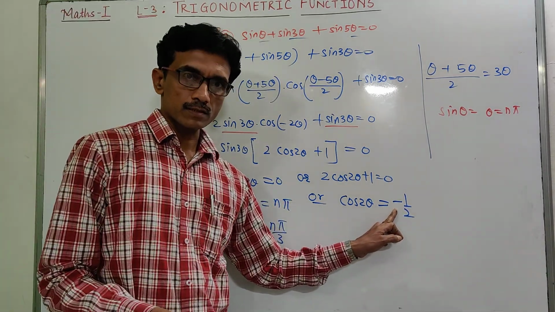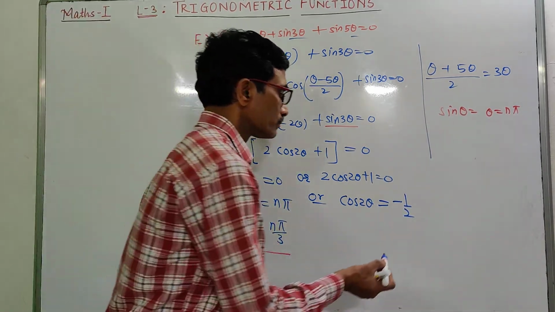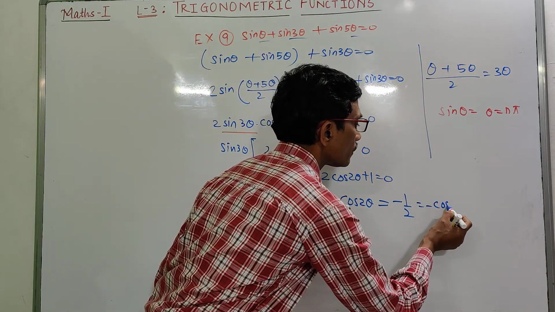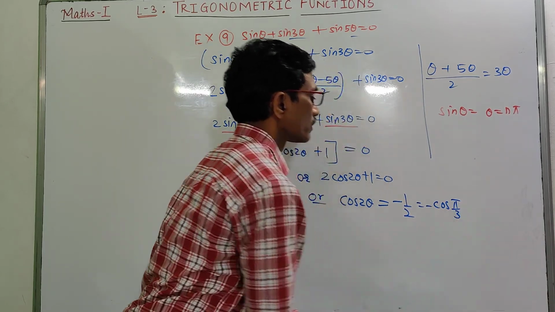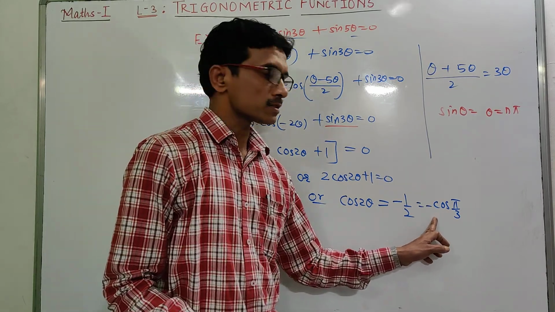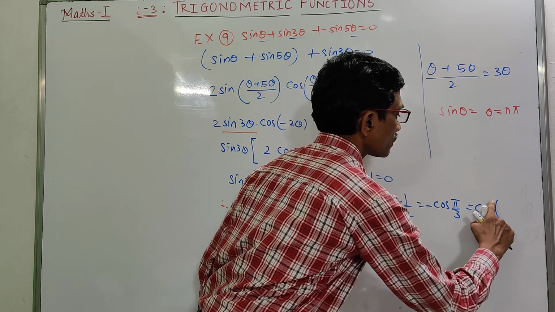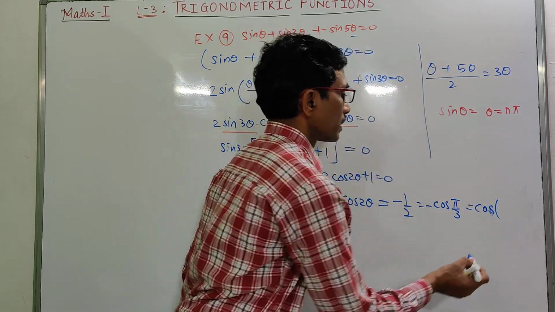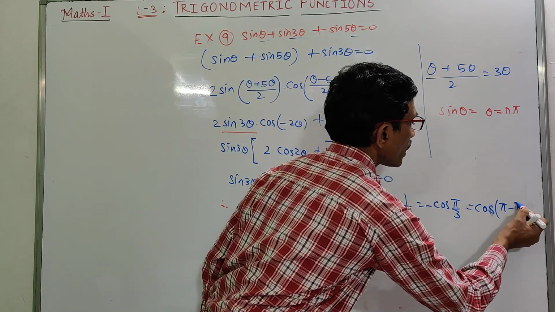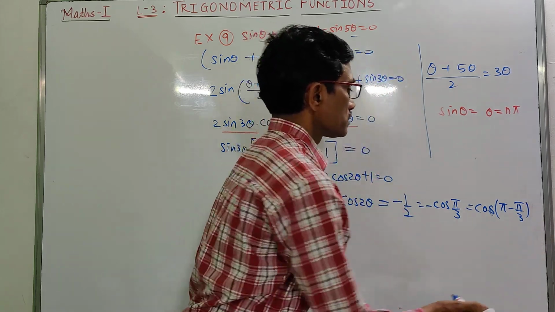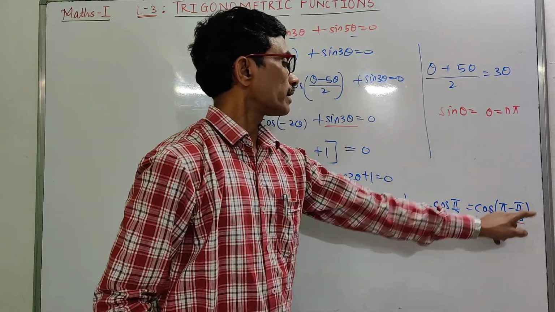Cos of pi by 3 is 1 upon 2. This is minus cos of pi by 3, and in the second quadrant cos is negative, so it is cos of the second quadrant, that is pi minus pi by 3, which is 3 pi minus pi over 3, 2 pi by 3.